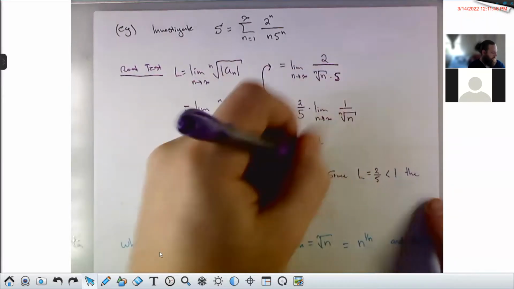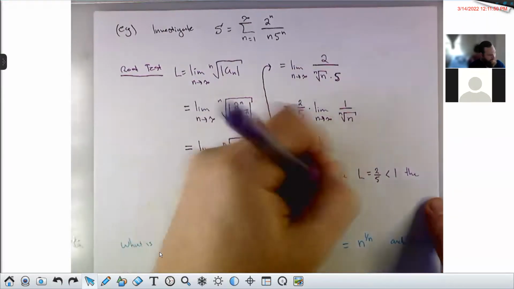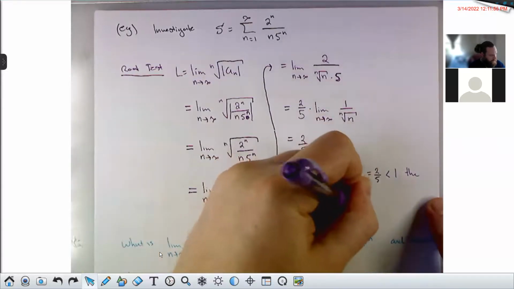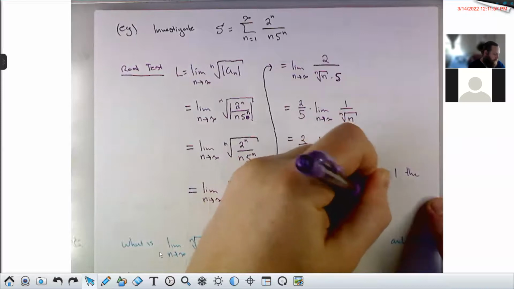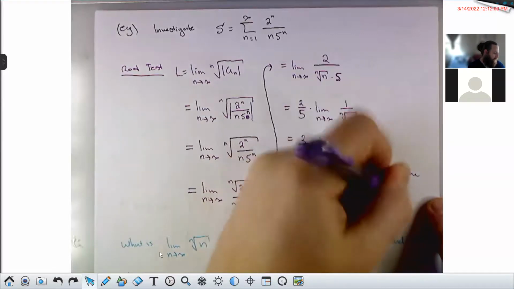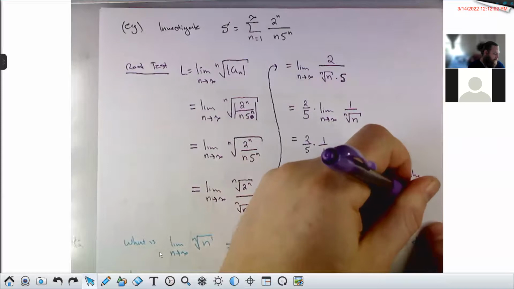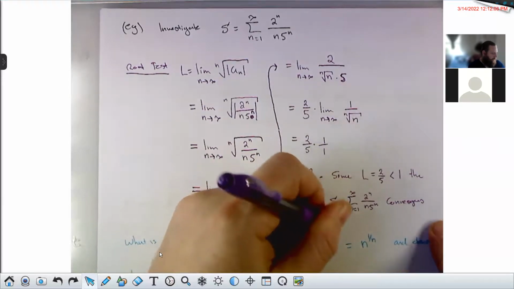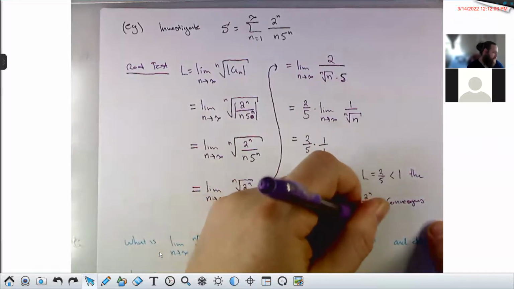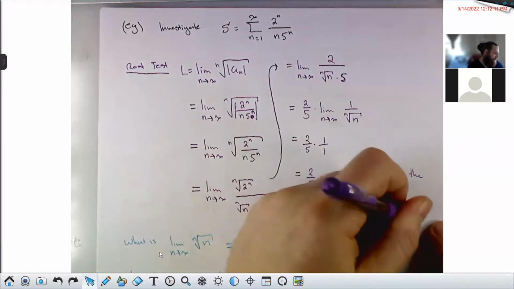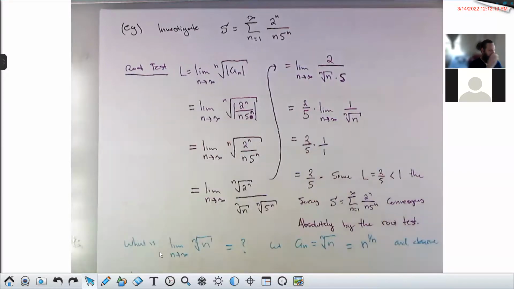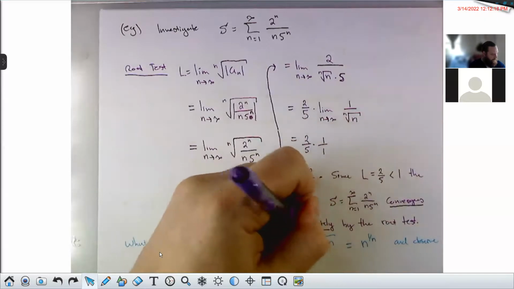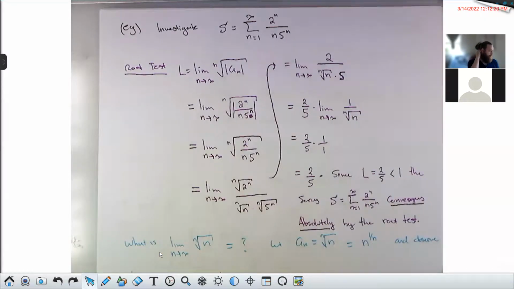The series S equals sigma n from 1 to infinity, 2 to the n over n times 5 to the n, not only converges, but converges absolutely by the root test. And you want to tell me that it converges absolutely. You want to give me all that information.